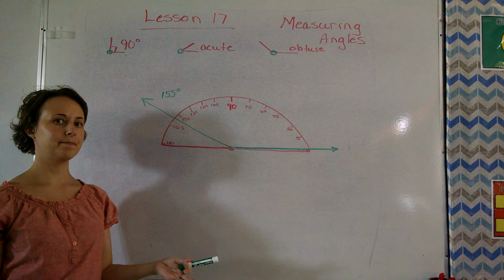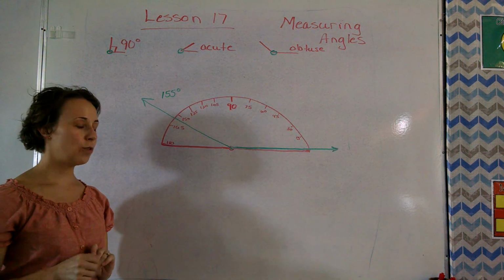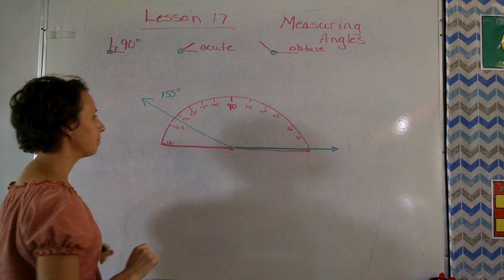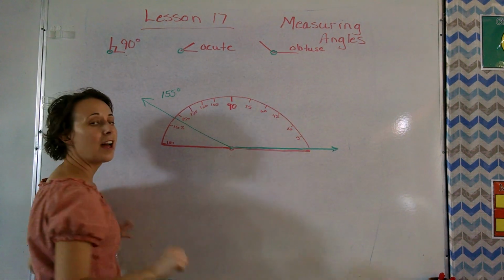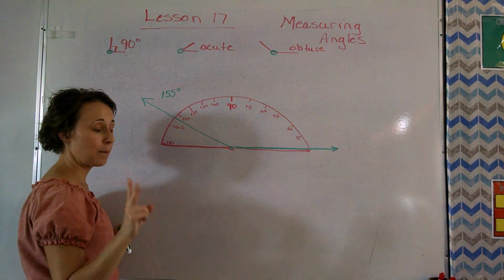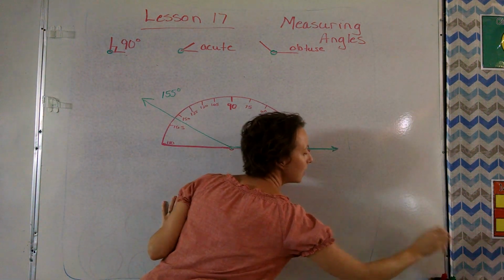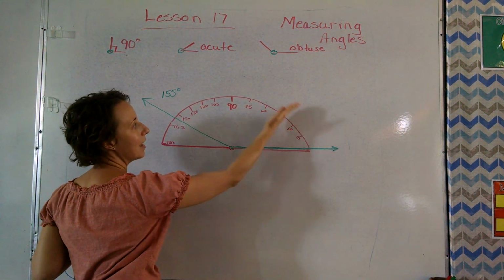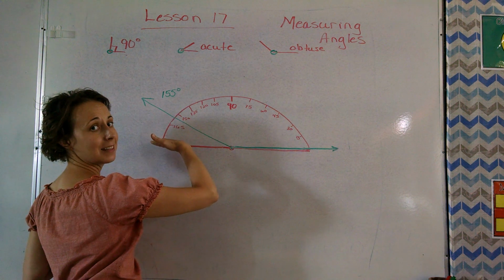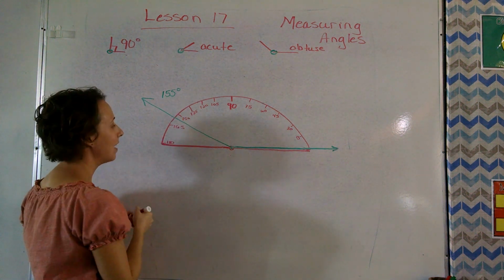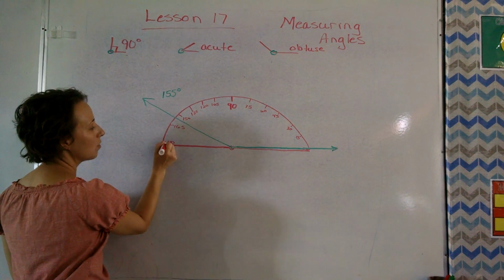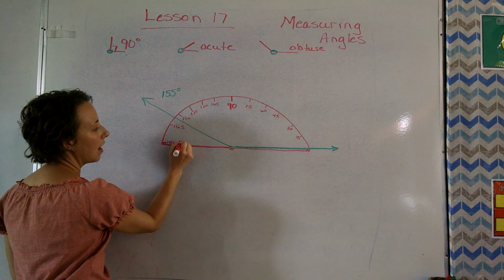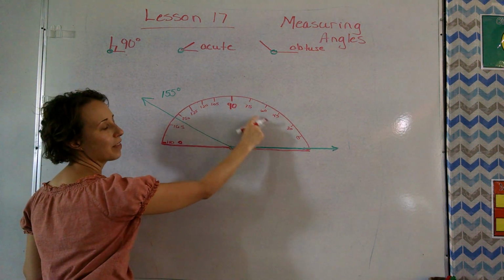Super easy, right? Let me warn you so you're prepared for class tomorrow. On your protractor, there will be two sets of numbers. One set of numbers starts at 0 on this side and counts around, just like this. The other set starts at 0 on the other side and counts around this way.